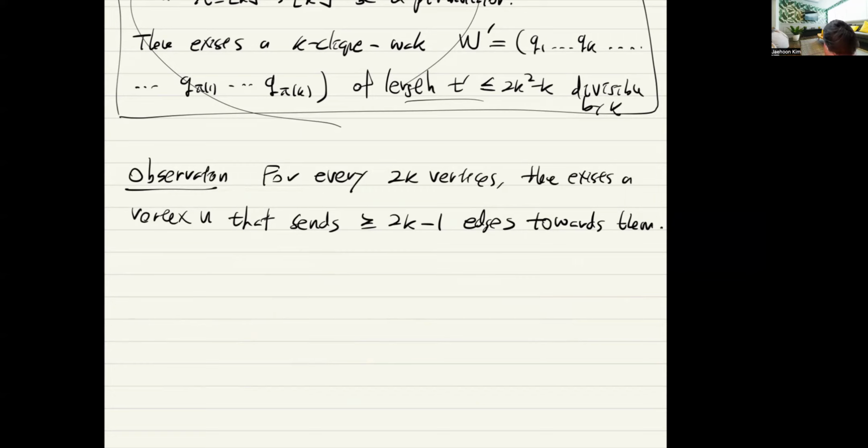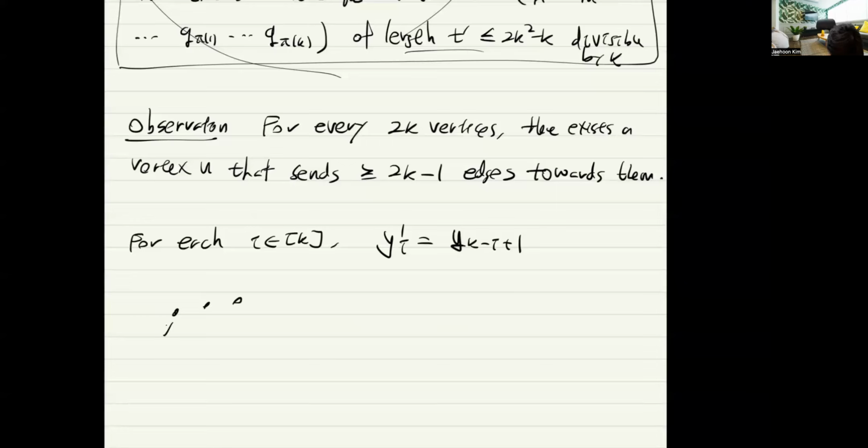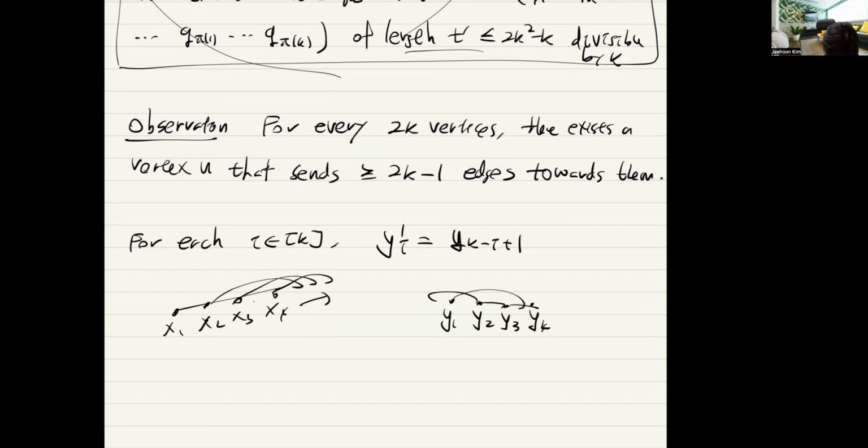So in order to show this, let's first say, for each i, y prime i is y_{k minus i plus 1}. As I write here, this one you keep extending in this direction, but this one you want to keep extending to the left direction.